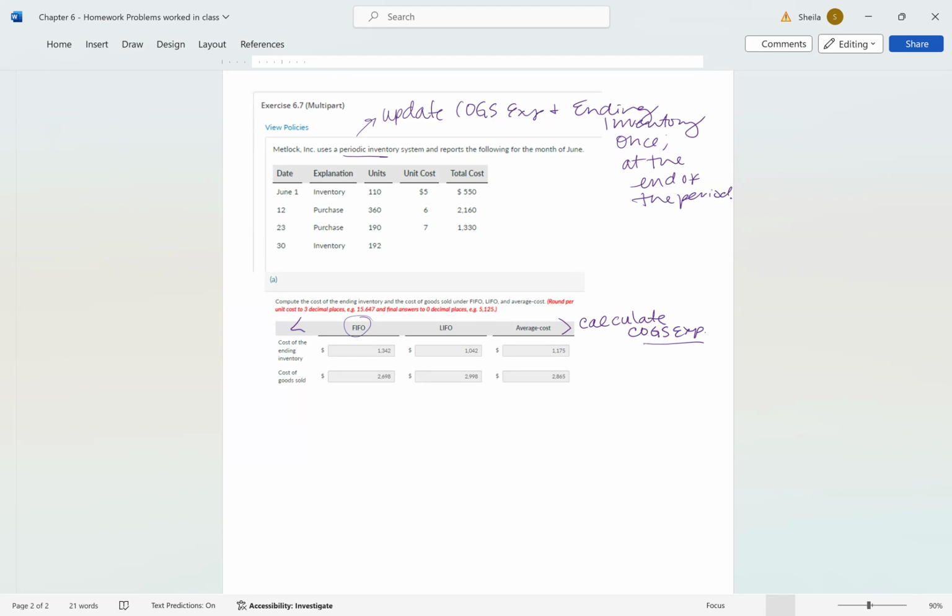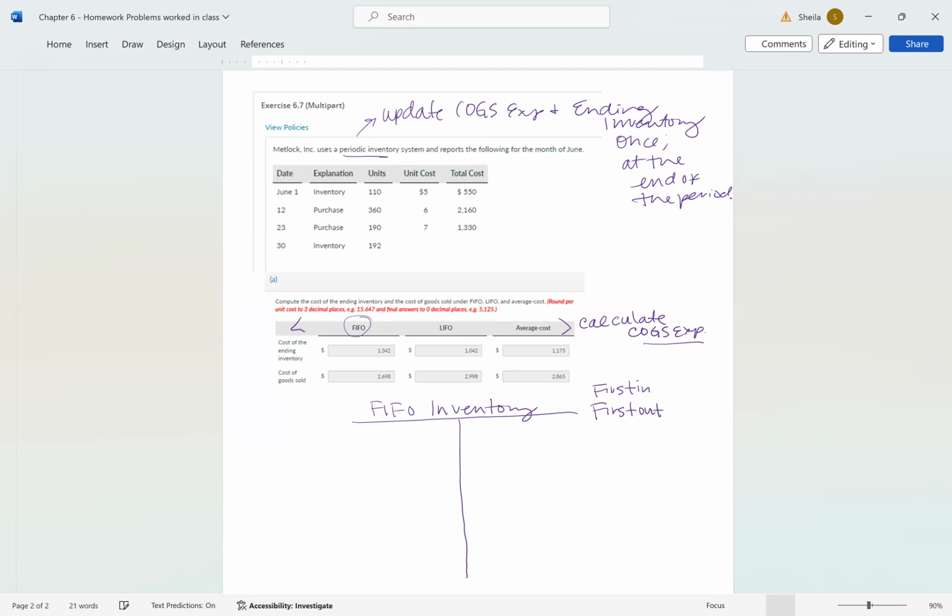So if we focus on FIFO inventory, I'm going to draw a chart down here, and I'm just going to call this FIFO inventory. And what FIFO again stands for is first in, first out.